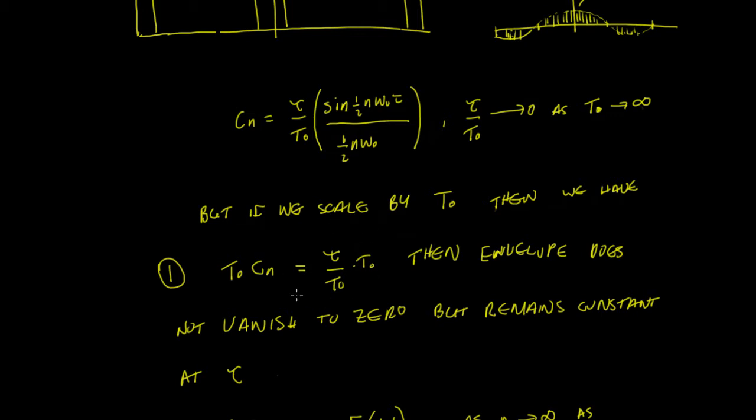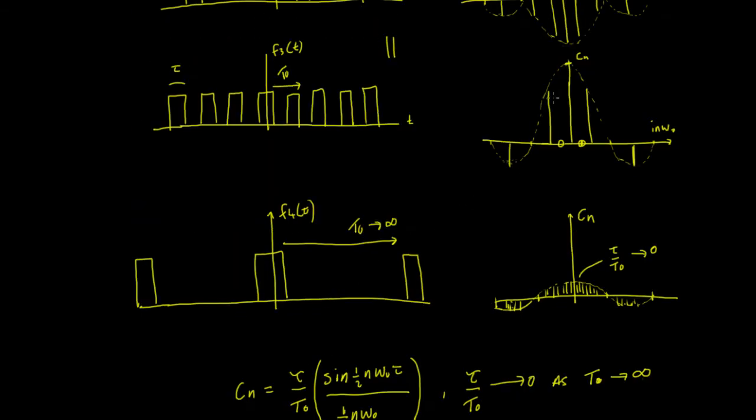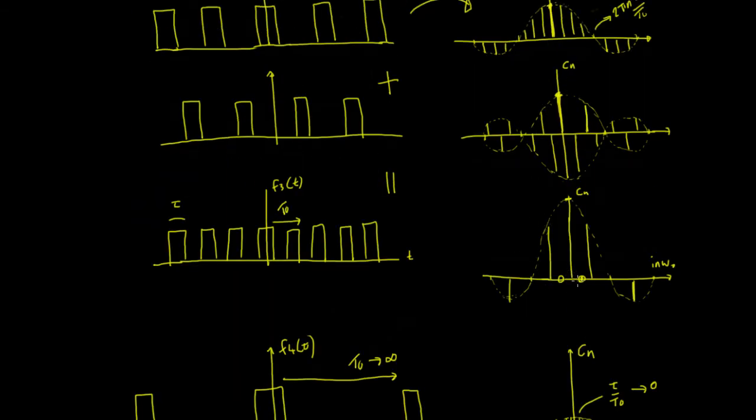Now, what else is going to occur? Well, we already mentioned that T naught Cn will tend towards, instead of just individual values of n omega naught, in effect the value of n will increase as we double the period.